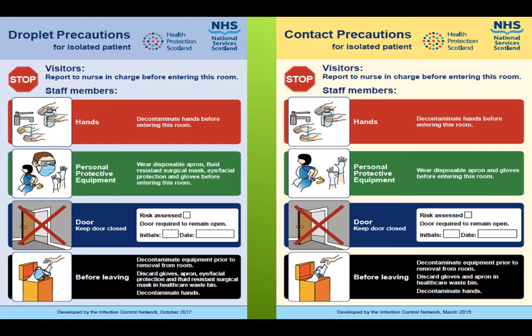So, following our same procedures, before you enter a room or come into contact with that particular patient or client, you're going to decontaminate your hands by washing or sanitizing. Then you're going to use your personal protective equipment. So you're going to wear a disposable apron and gloves before entering the room. When it's skin to skin, in this particular setting, you're not necessarily required to wear a mask.